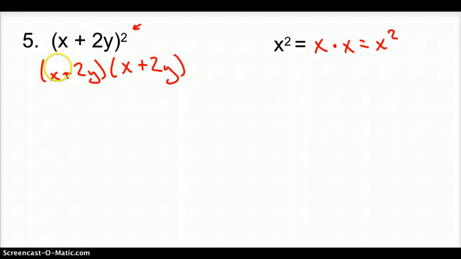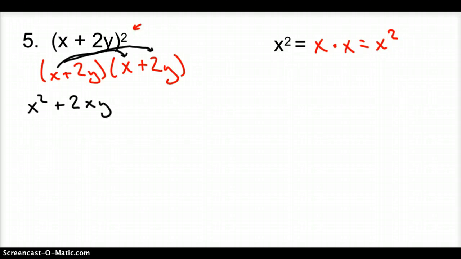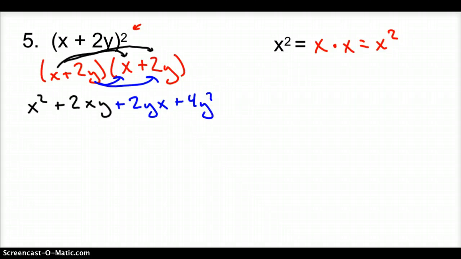And now we have it written out twice. It's just like multiplying two binomials. So it's going to be x squared, then we have that same x times there to give me plus 2xy. Now we're moving on to the 2y, times there to give me plus 2yx, and then there times there to give me plus 4y squared.